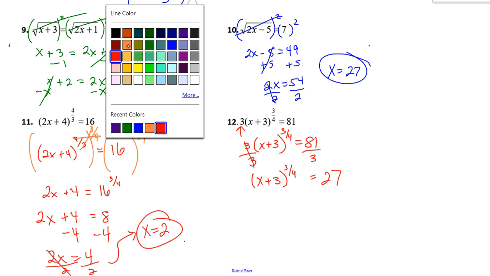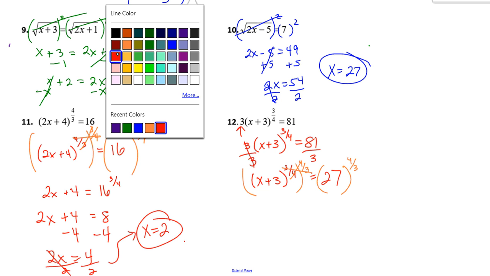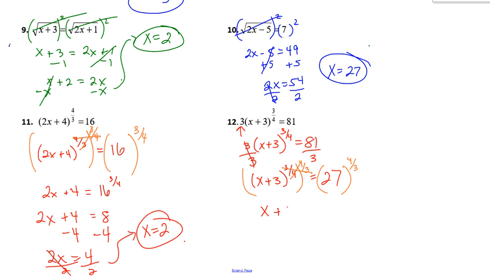Now we can get rid of that power by putting parentheses on both sides and doing a power that's the reciprocal. The reciprocal is how you cancel those fractional powers. So we've got x + 3 = 81, calculator says. And we finish solving by subtracting 3, and we get x = 78.